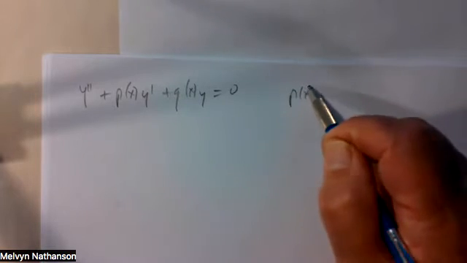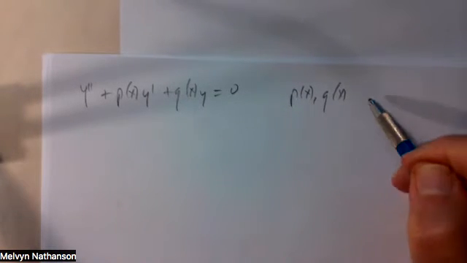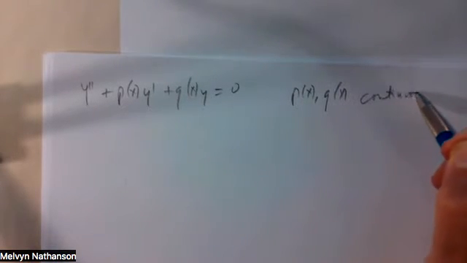Where p of x and q of x are continuous functions on this open interval from a to b.